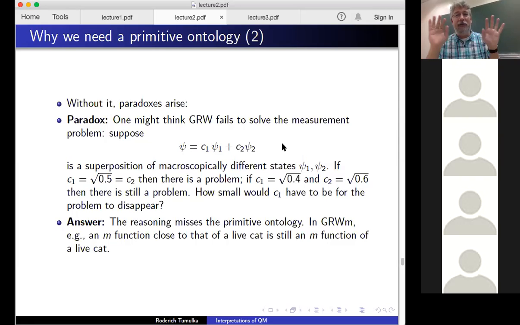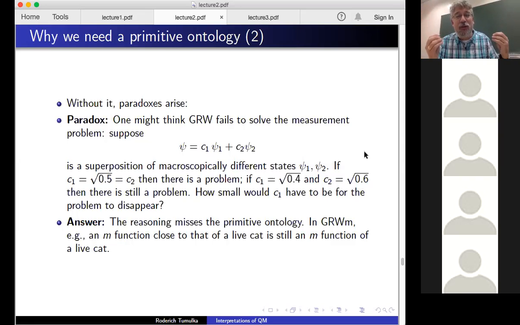Now go away from equal magnitude. Let's say one is a bit larger than the other. If it's just a bit larger than the other, you would say there's still a problem, even if one is 60%, the other is 40%. That doesn't mean that the 40% thing is not there. It doesn't mean that the cat actually is alive. Now suppose C2 is close to 1 and C1 is close to 0. Has the problem gone away?